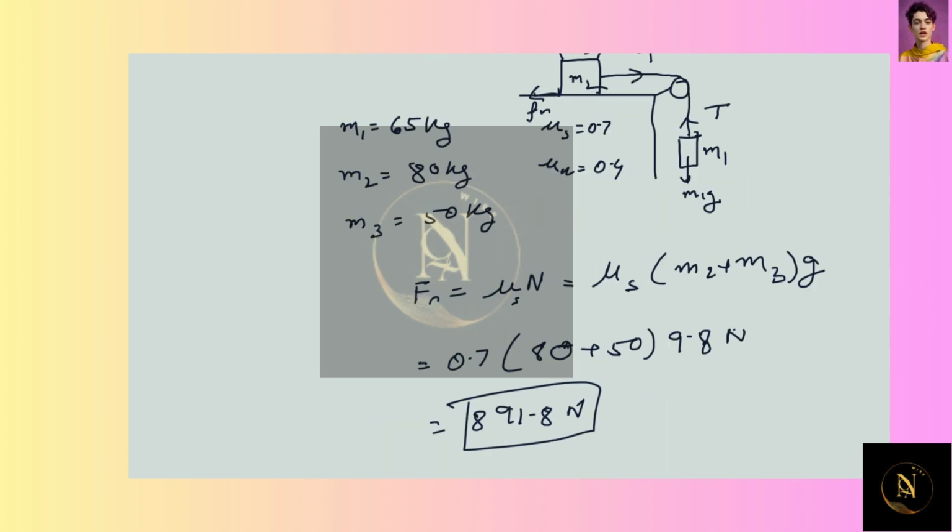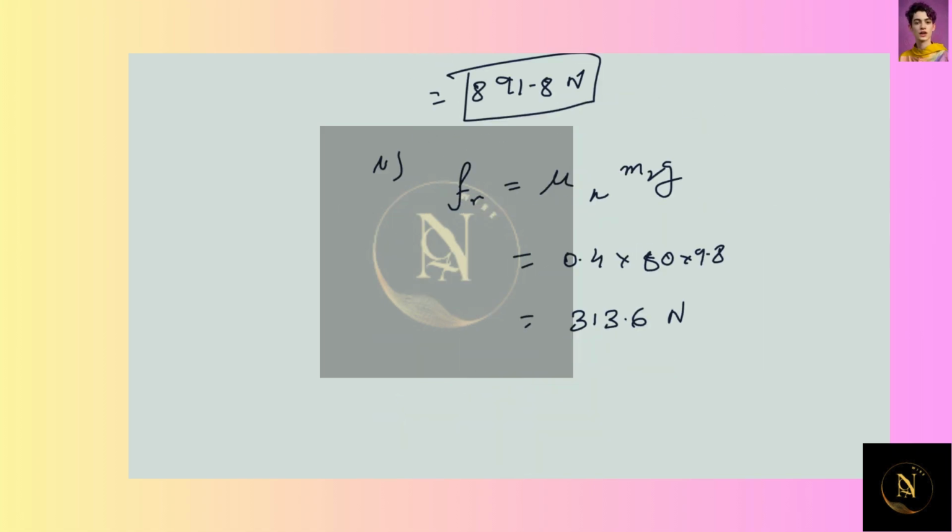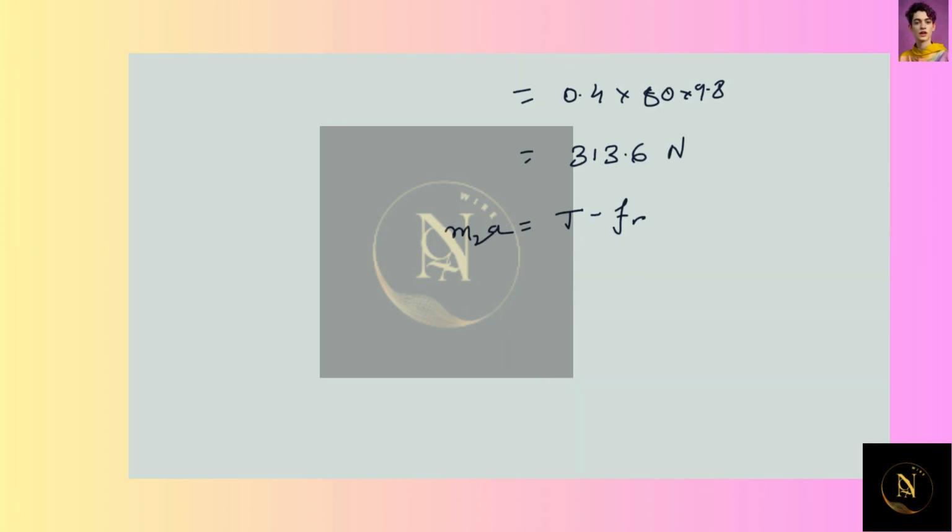So if we write down both equations, let's say the system will move with acceleration a. So M2a equals T minus the frictional force, or the tension T will be equal to M2a plus the frictional force.